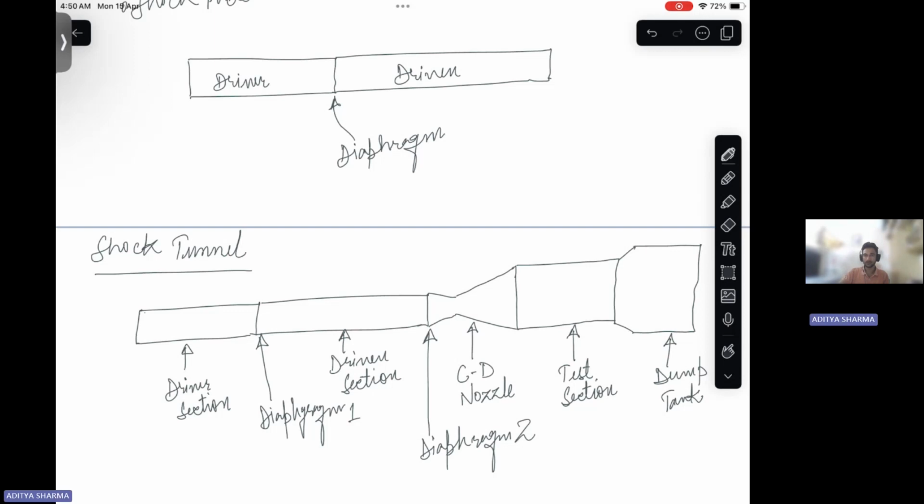And at the exit of the test section, we have a dump tank, right? So we dump the gas we have used in the driver section here, right?